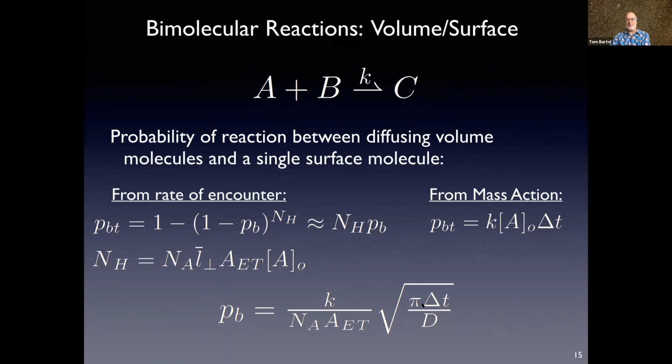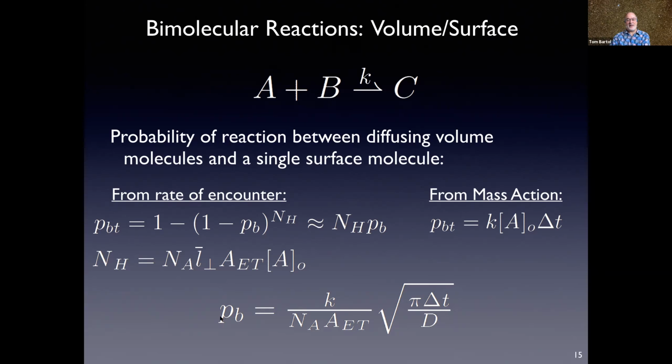Wouldn't it be horrible if our whole reason for taking the statistical mechanical approach, to get to longer time steps than femtoseconds by using a random walk rather than Newtonian mechanics, following every single path and every single collision at the molecular dynamics scale, wouldn't it be terrible if delta T had to be a femtosecond here in order to keep PB less than 1?